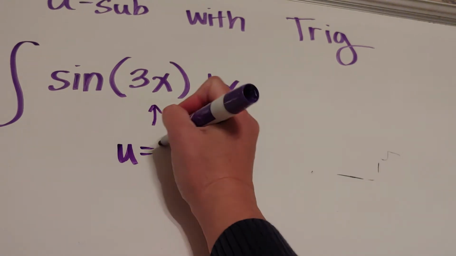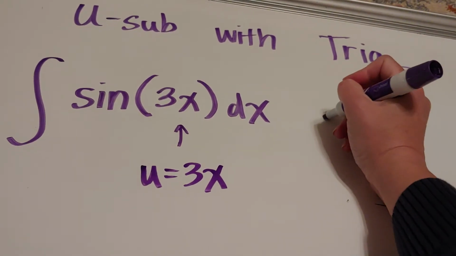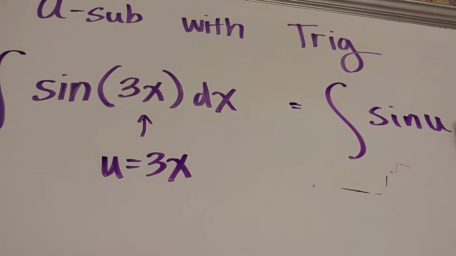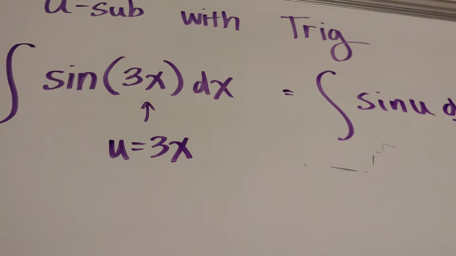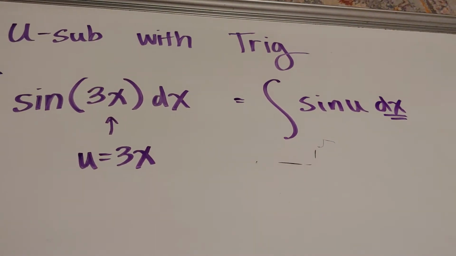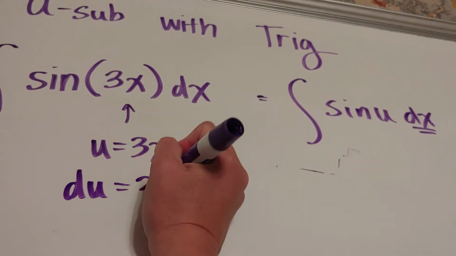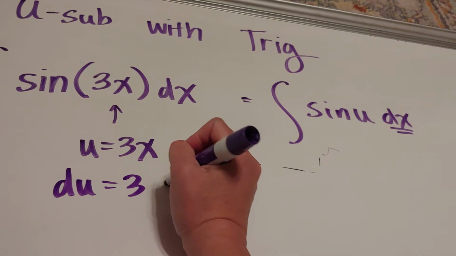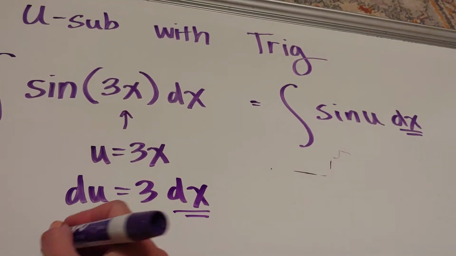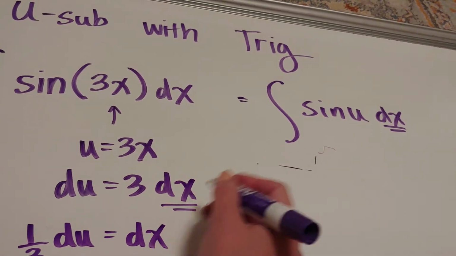We're going to let u equal 3x. So I'm going to have the integral of sine of u dx. I still have to trade out that dx though. We can't have it half u's, half x's. It has to go all the way over to u's. So over here, du is equal to 3 dx, and remember, I only have a dx to trade. So 1/3 du will equal dx.